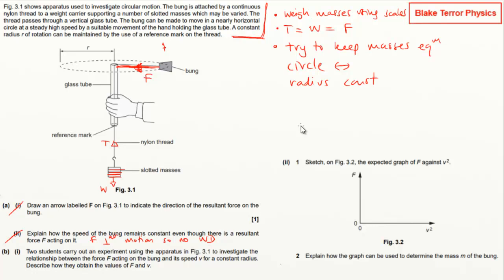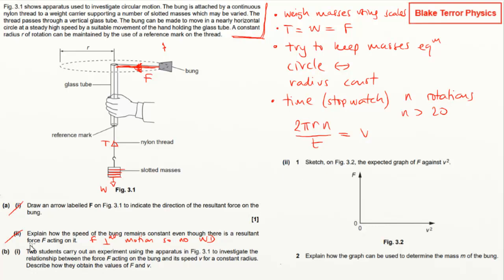And then we're going to work out the speed, so time using a stopwatch. We can time n rotations. Let's say we want a fairly high number, so n greater than 20, something like that. Then 2 pi r n over the time is going to be equal to the velocity.